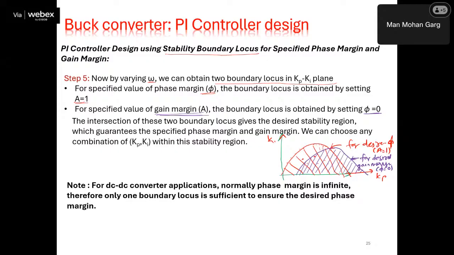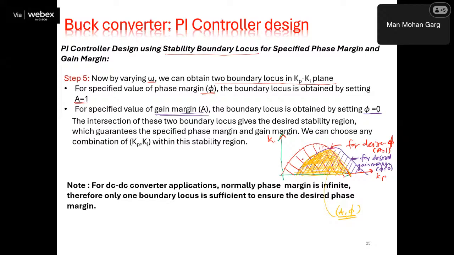In that case, I should take the overlapping area of both, because this is for phi margin, this is for A. This overlapping area will ensure that if you choose Kp, Ki within it, your system will have at least A gain margin and at least phi phase margin.